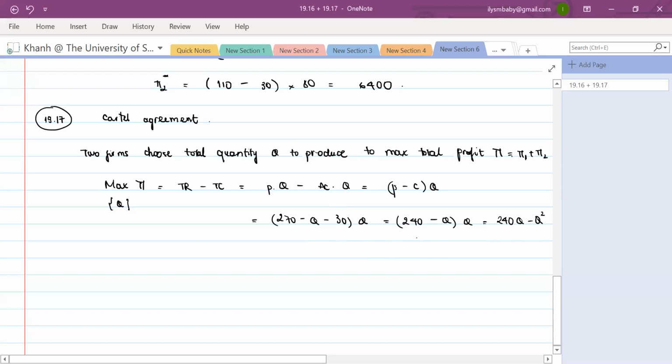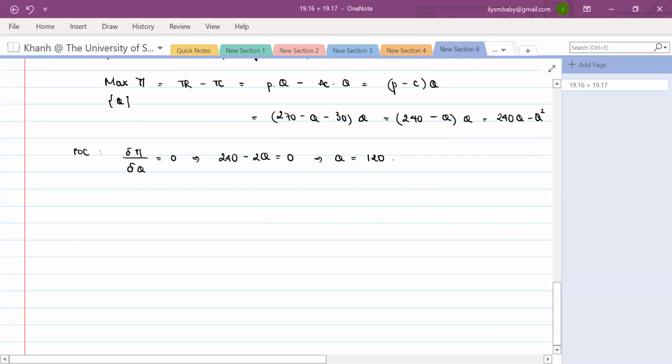That is the total profit for the two firms, and they would like to maximize that. So we find the first order condition, where we differentiate the profit function with respect to Q and make that equal to 0. We get 240 minus 2Q equal to 0, so therefore Q is going to be equal to 120.